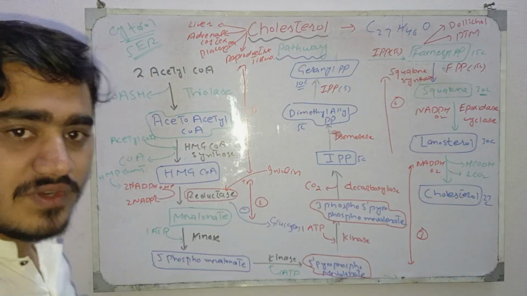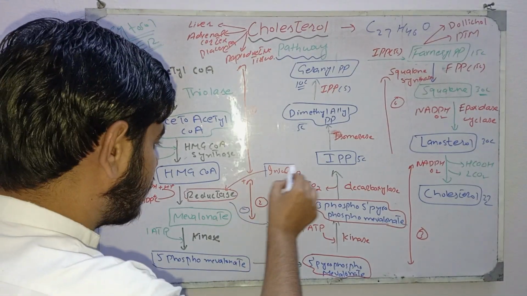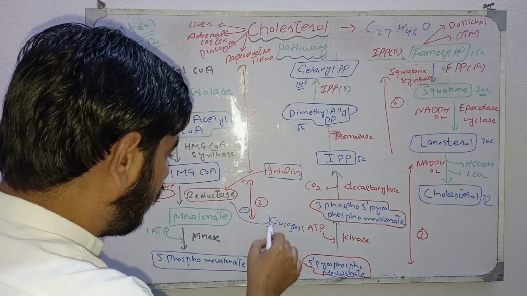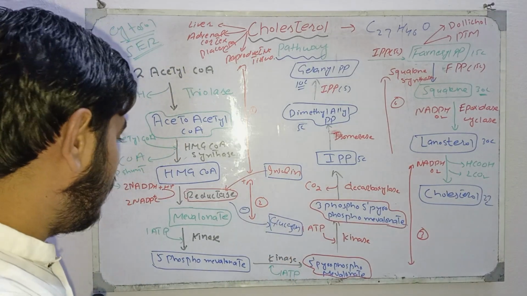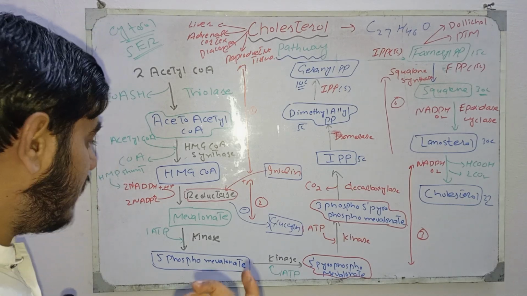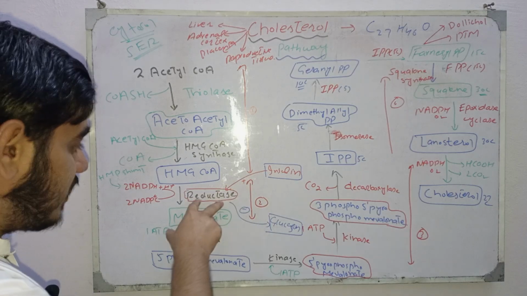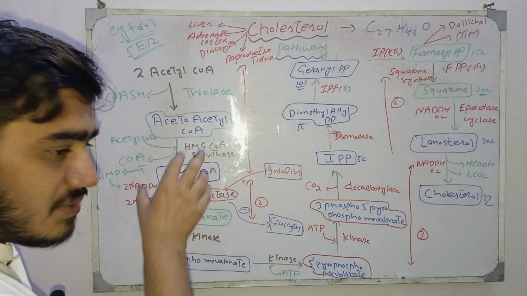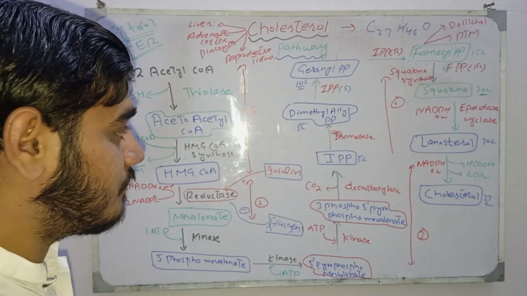And this enzyme favors dephosphorylated condition, and insulin also favors dephosphorylated condition while glucagon favors the phosphorylated condition. This is the first regulation, the hormonal regulation. Insulin activates this enzyme, glucagon inhibits this enzyme. In this way, regulation of cholesterol takes place.